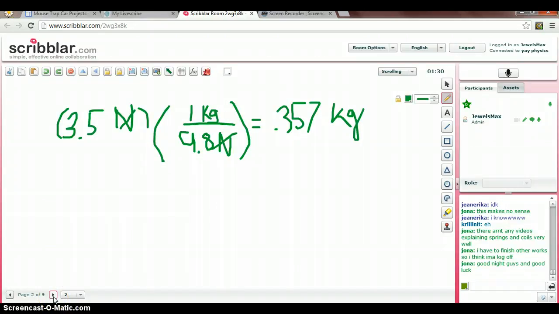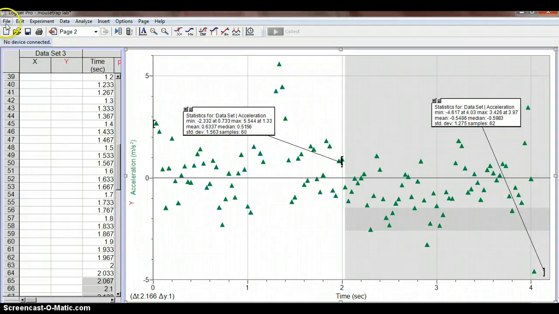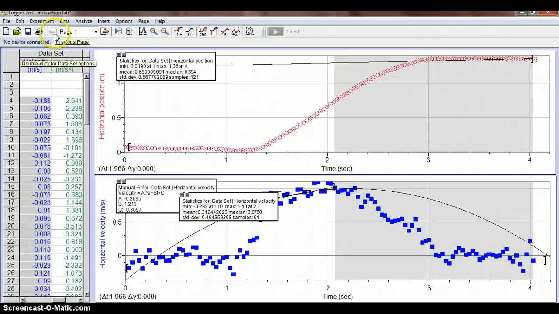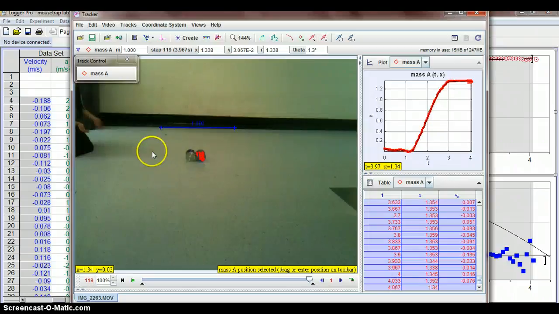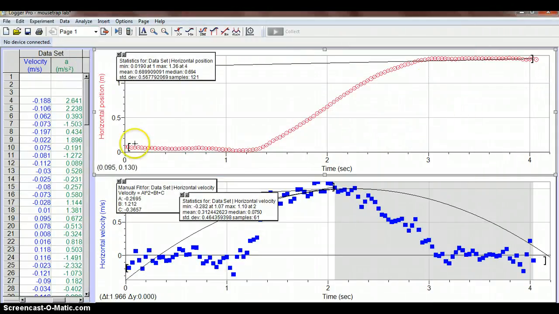And then moving on to my position versus time graph, which is over here. I simply used Tracker to take note of my Mousetrap car's movement and then input the data into Logger Pro.